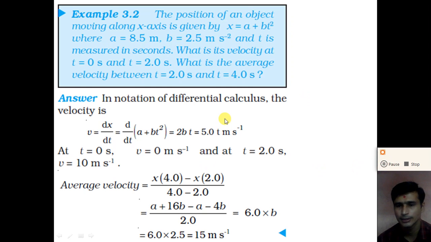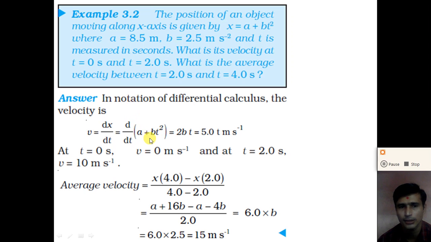Here the instantaneous velocity can be found with the help of the differential calculus method. The differentiation of the position with respect to time gives us the instantaneous velocity. According to the formula, v is equal to dx by dt. Instantaneous velocity at time t, v is equal to dx by dt. So instead of x we put the equation of position, a plus bt square.